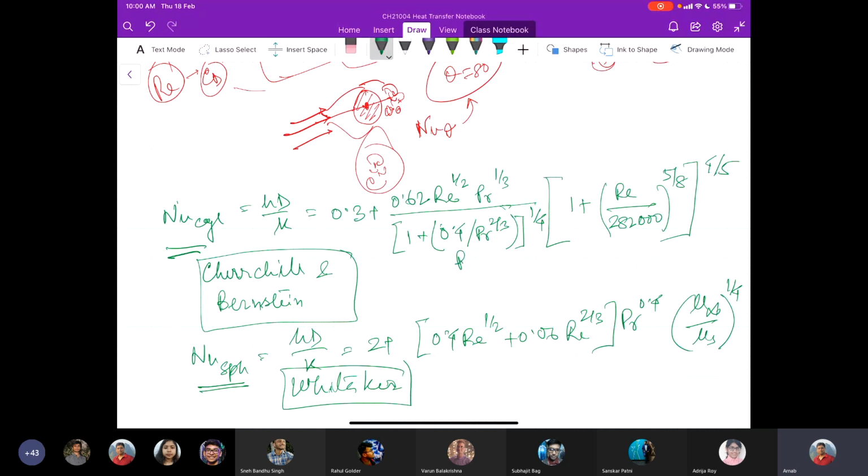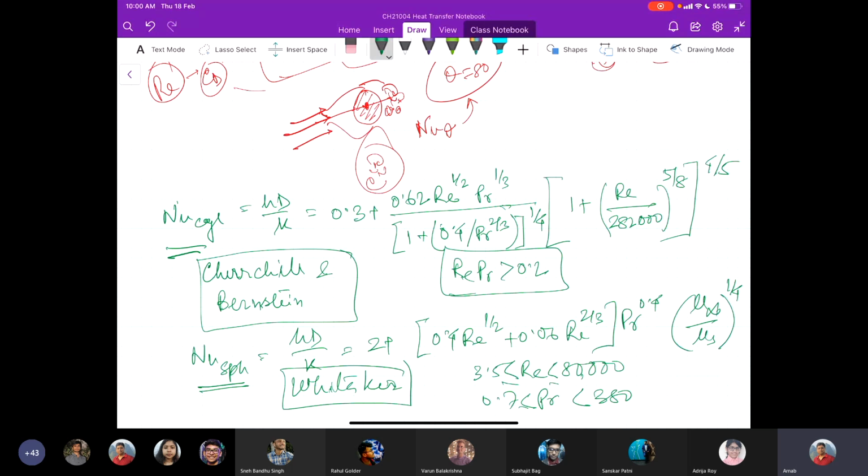This validity region is Reynolds number and Prandtl number greater than 0.2 multiplied by this. And in this case, it is the Reynolds number in the range of 80,000 and Prandtl number in the range of 380. See, these researchers have done experiments and proposed these empirical relations.